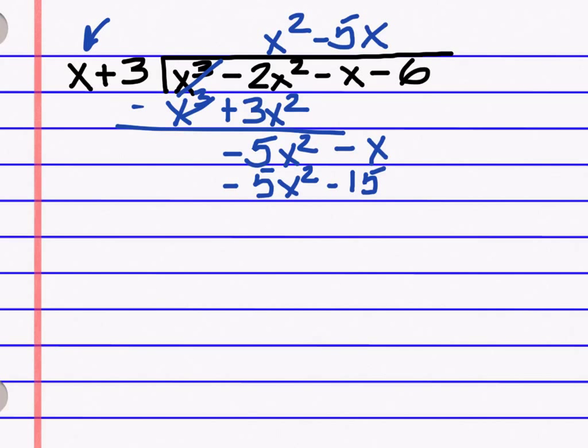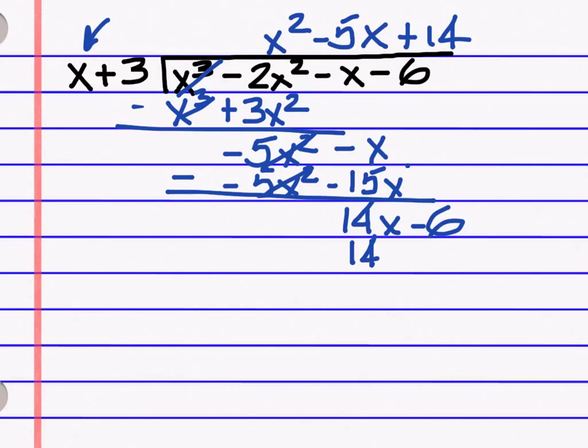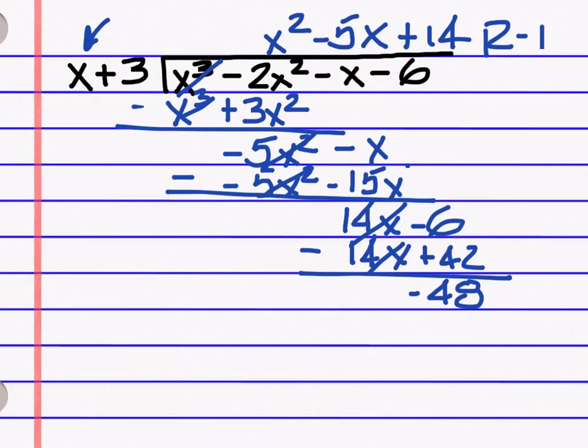We'll get minus 15x there. Subtract, these are gone. Negative x minus a negative 15x is 14x. And then you'll have a plus 14. And then this will be a 42. Subtract, cancel. That's a negative 48? Yeah. So the remainder is negative 48.